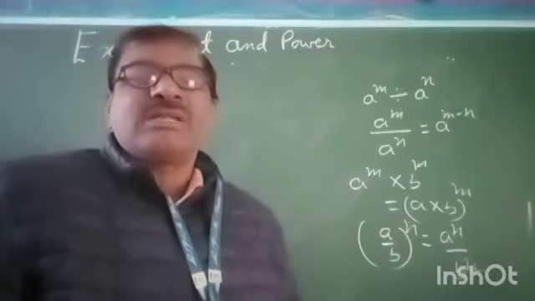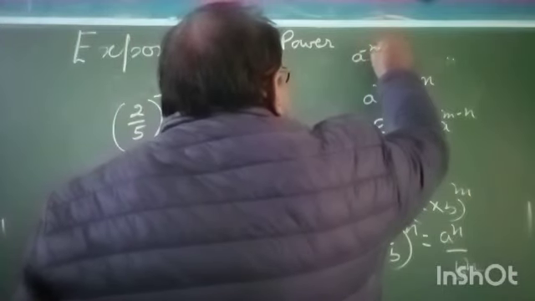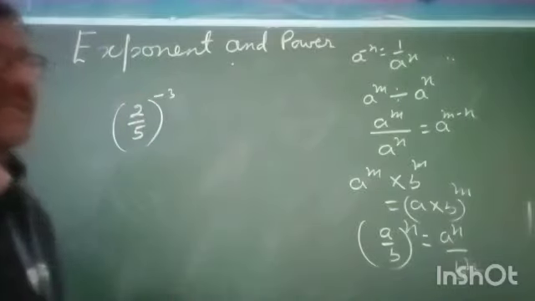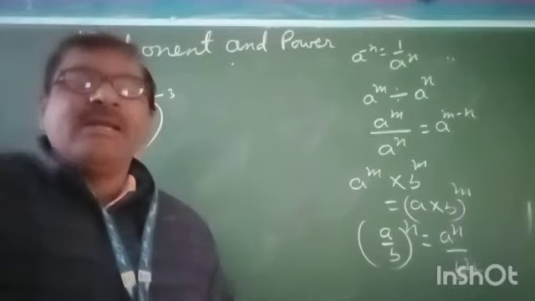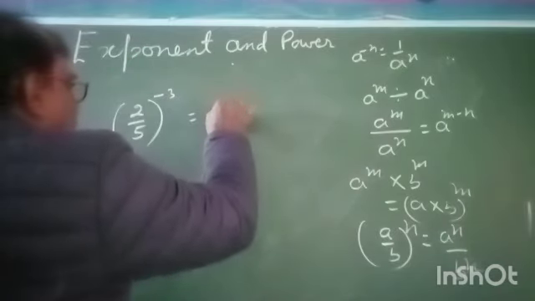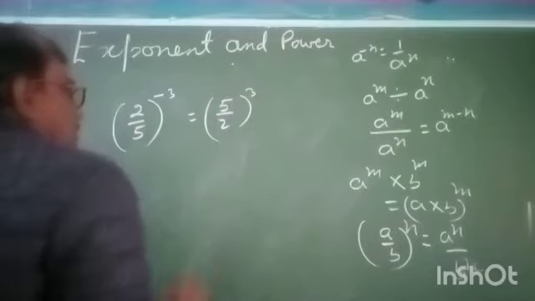Dear student, as you see here, I have already explained that a to the power minus n equals 1 upon a to the power n. It means if you write this negative power as a positive power, then I will write it as (5/2) to the power 3.